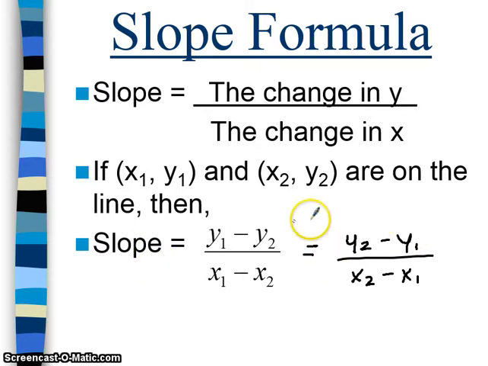This will make no difference in the problem. So it's only saying that this is the second point and this is the first point. So if you see them reversed, don't be confused. It's still the slope formula. I believe that this way is easier to remember. Take your first y, subtract your second y, take your first x, subtract your second x.